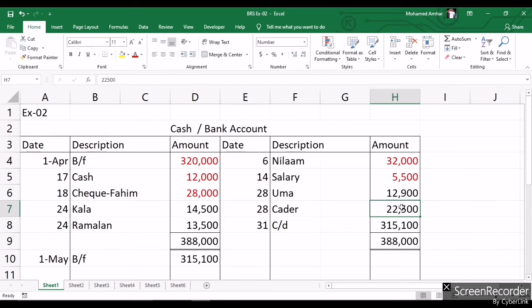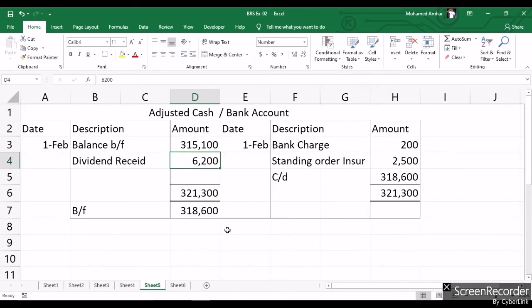So that is a business error, because the bank charge charged by the bank is a correct action, but the business has not recorded it in the cash book because the business does not know about it until the statement is received. So the business now should write it in the adjusted cash book.